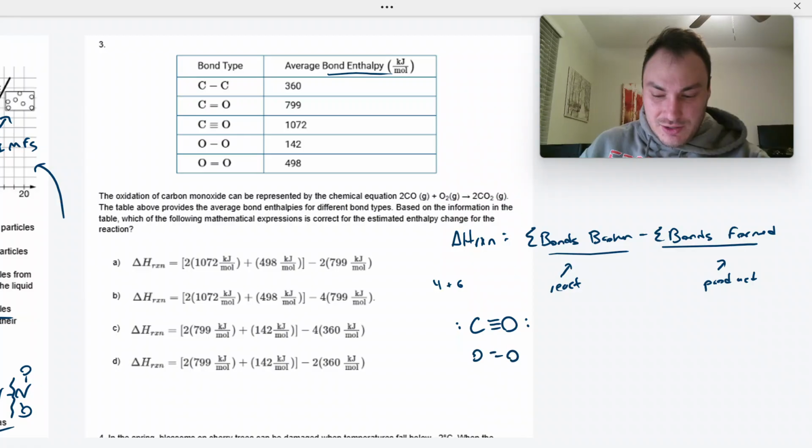Oxygen gas has a double bond. And carbon dioxide also has double bonds.